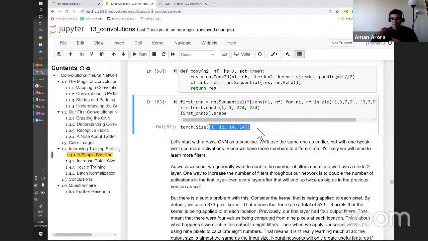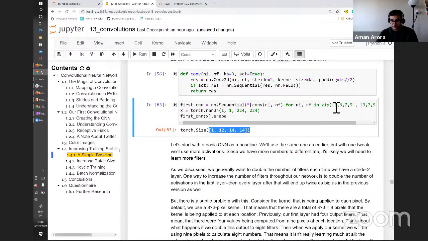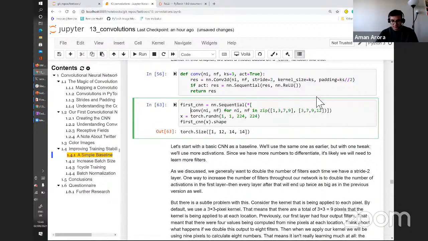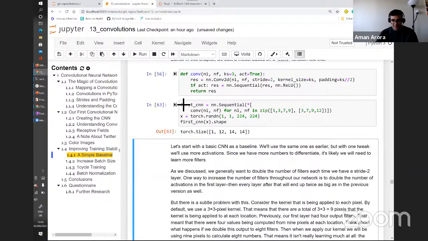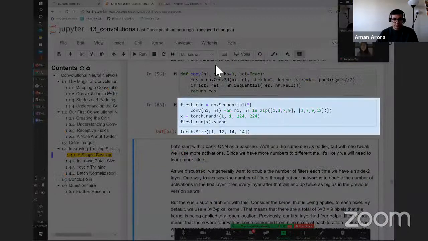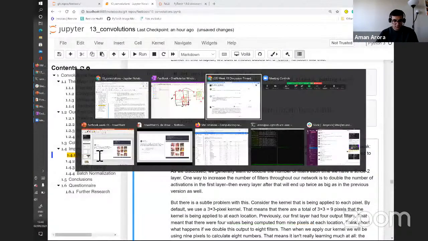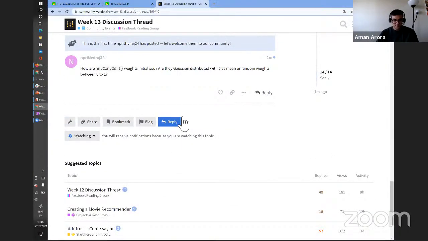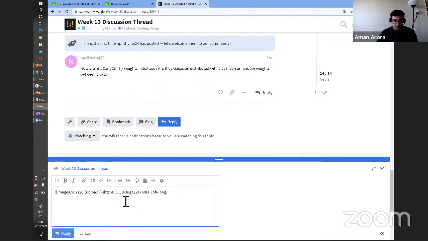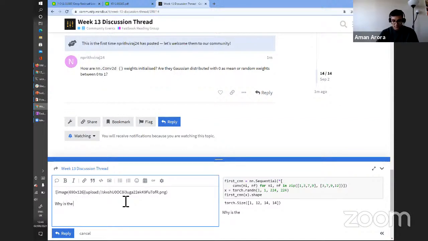I would ask everybody to spend some time on why the output is what it is. Let me take a snapshot of this and paste it here, and ask: why is the output 1 by 12 by 14 by 14?